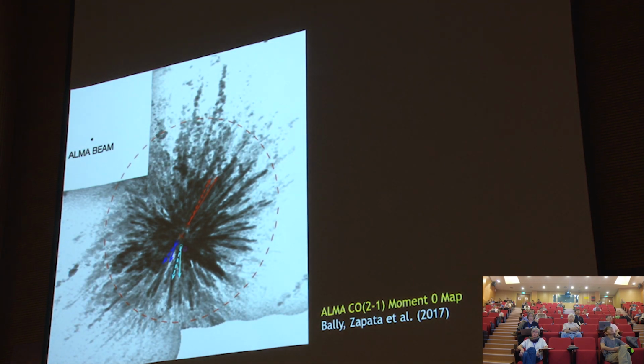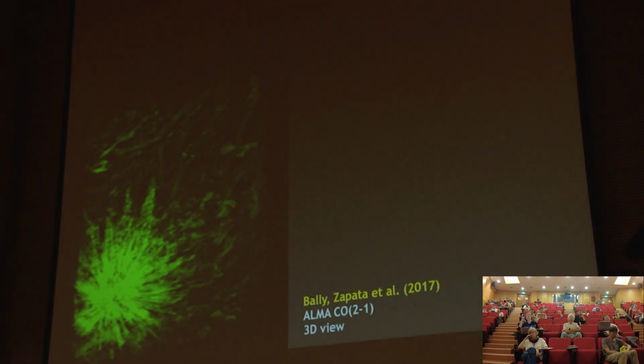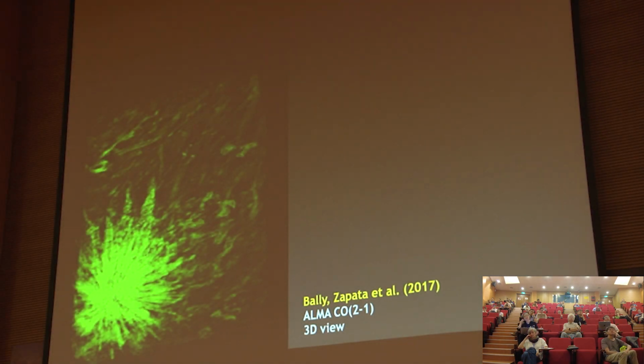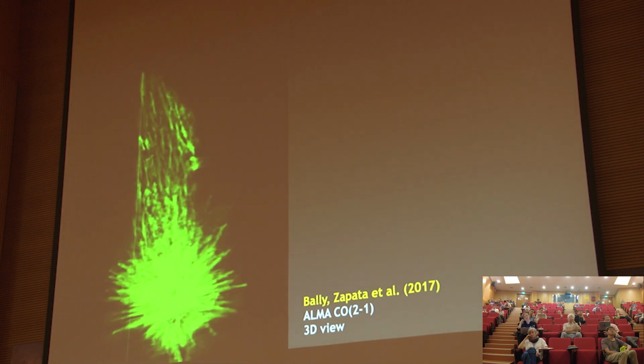This is the CO emission from ALMA. You can see that this is a really fantastic thing that happened there in Orion. You have like 100 filaments in different directions. You see that the explosion is really symmetric, I mean, filaments in all the directions. And you can, of course, go and try to see the 3D dimension, and in 3D it looks also really fantastic.